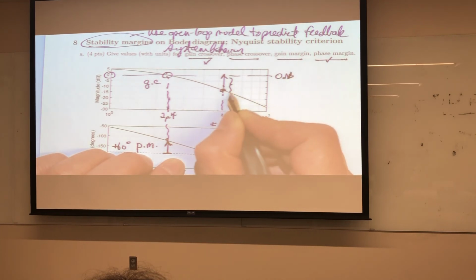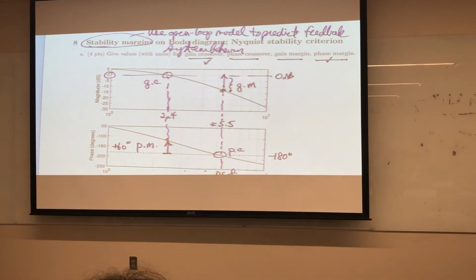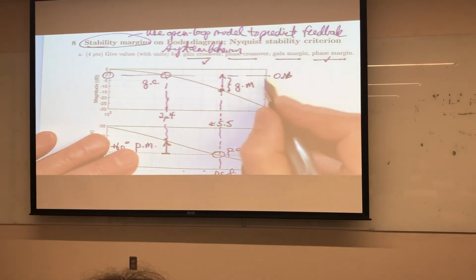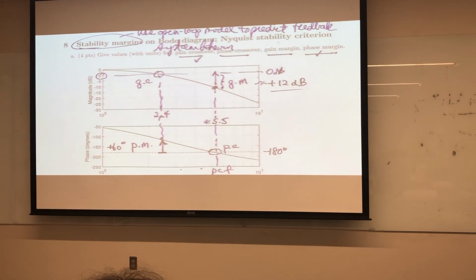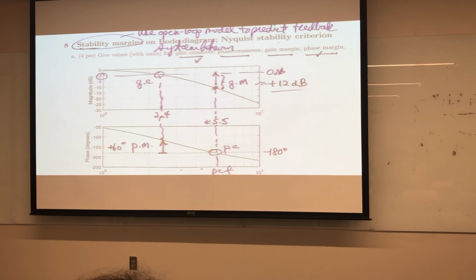And so this then is our gain margin, which looks, to me, if I eyeball that, like probably on the order of about a positive 12 dB. Okay, so that demonstrates how to do this on the Bode diagram.